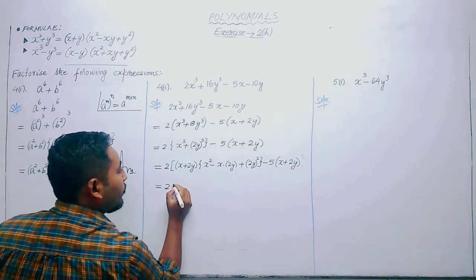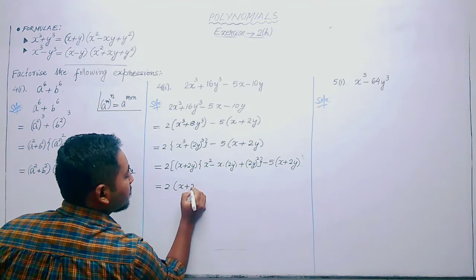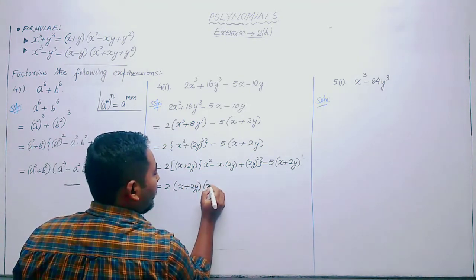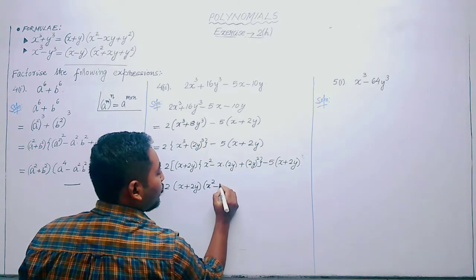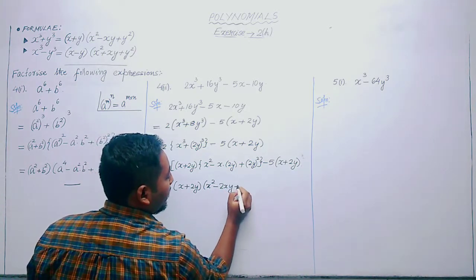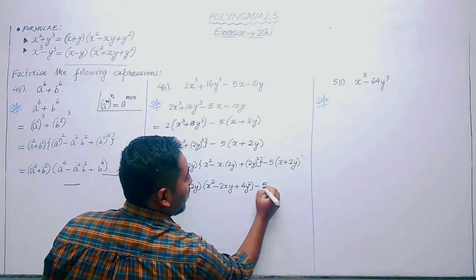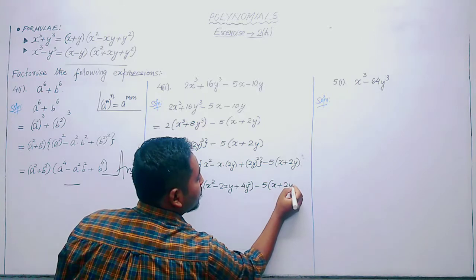Now, you will have x plus 2y, x square minus 2xy plus 2 square is 4, y square, minus 5x plus 2y.